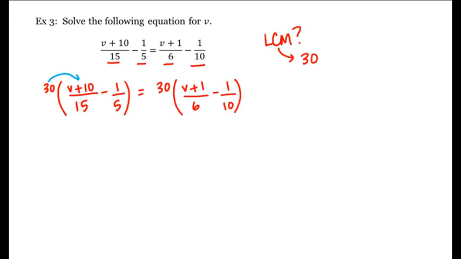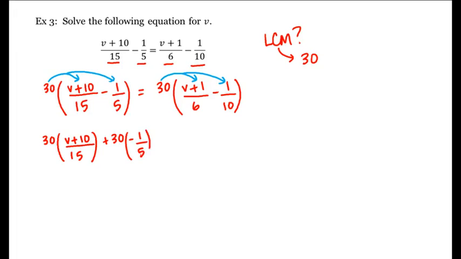And now let's distribute the 30 to these two terms, as well as these two terms, which gives us 30 times v plus 10 divided by 15 plus 30 times negative 1/5 is equal to 30 times v plus 1 divided by 6 plus 30 times negative 1/10.